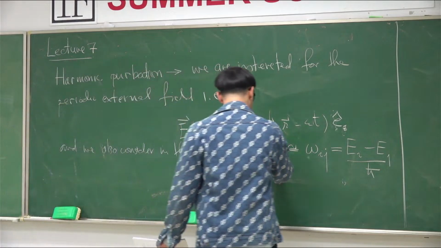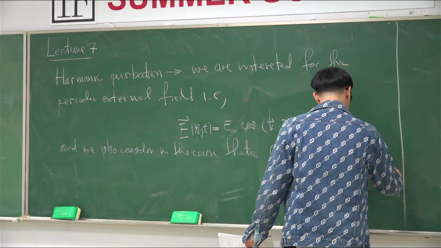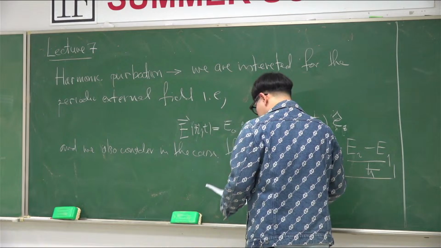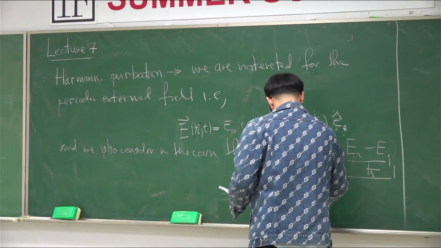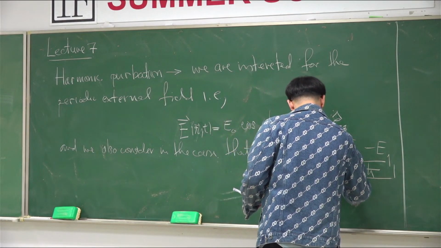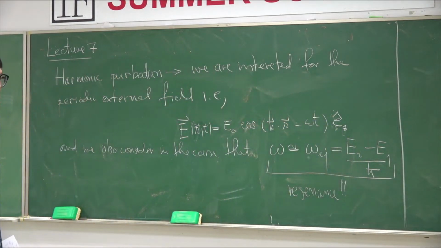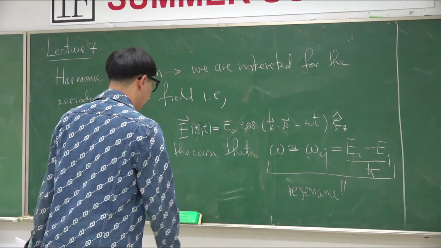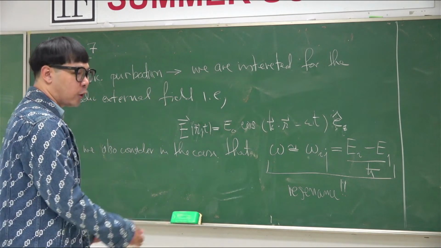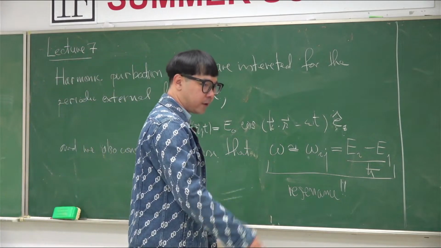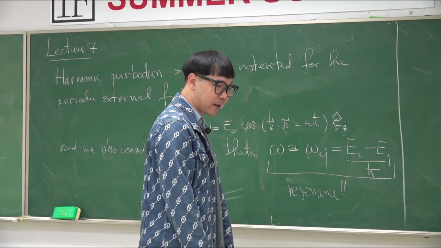And of course, if you set this condition, you know that it's going to give you resonance in this particular case. If not, then you are not going to get it. Well, you know what resonance is, right? You learn from basic classical mechanics, right?